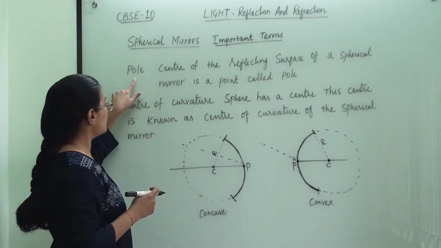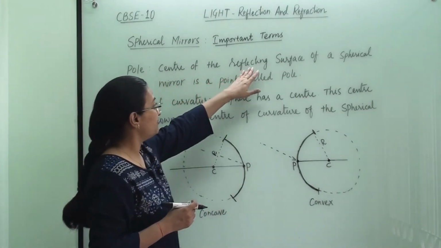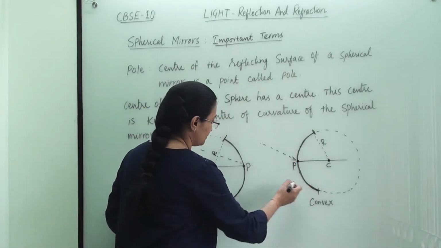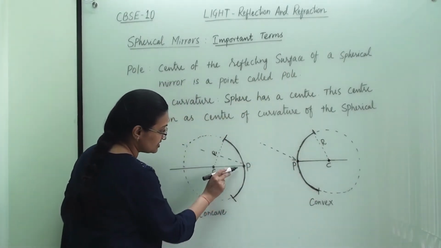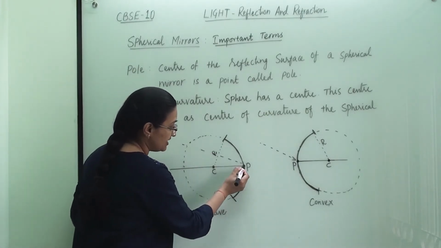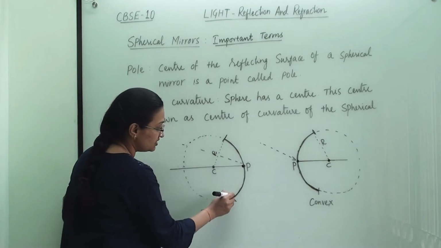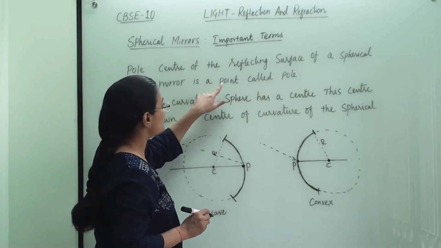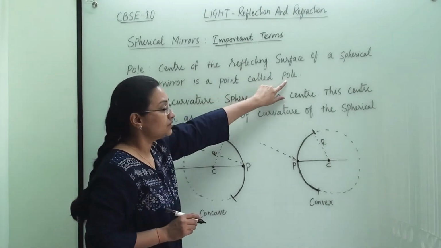So the first thing is the pole, the center of the reflecting surface. Reflecting surface means this inside surface is the reflecting surface. So that center of the reflecting surface of a spherical mirror is a point called the pole.